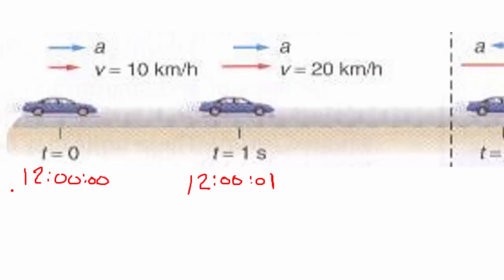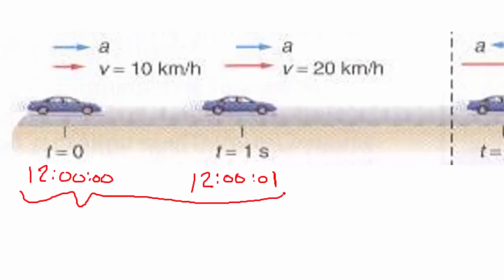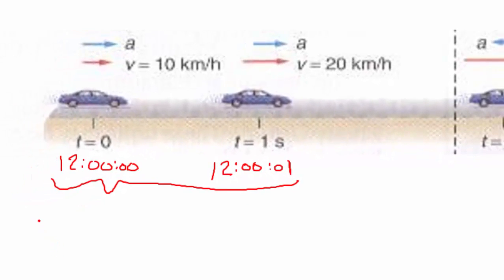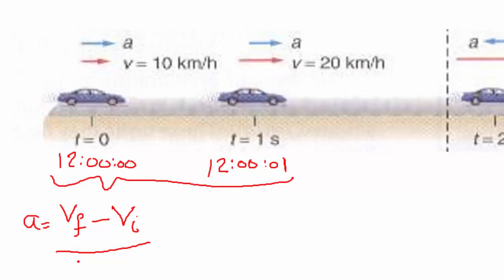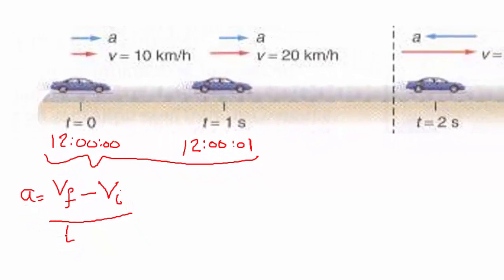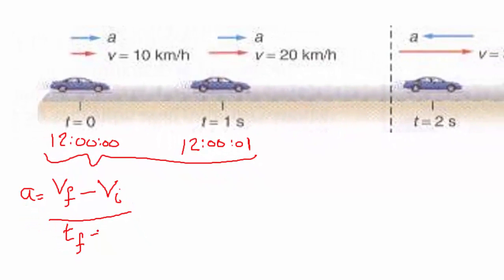Let's try to calculate the acceleration during that period. Now, as we know, the acceleration is always equal to the final velocity, v sub f, minus the initial velocity, v sub i, divided by the time taken, which is the final reading of the clock minus the initial reading of the clock.